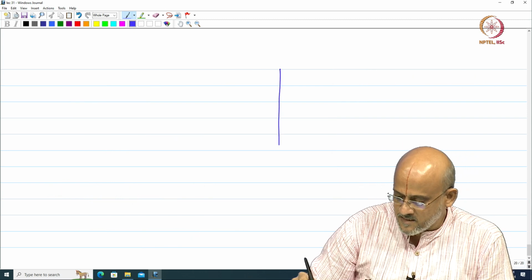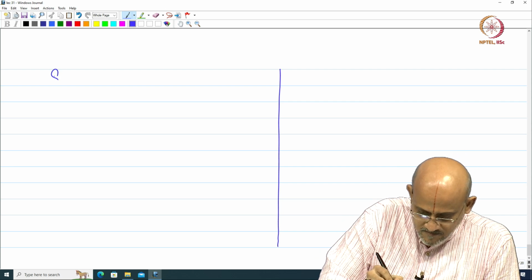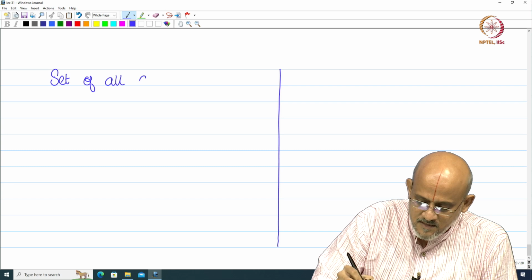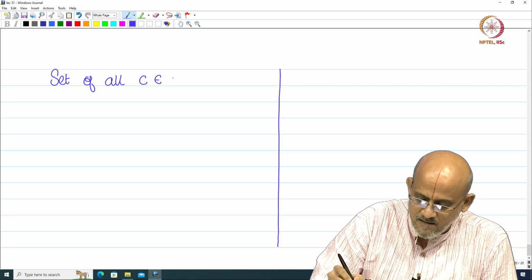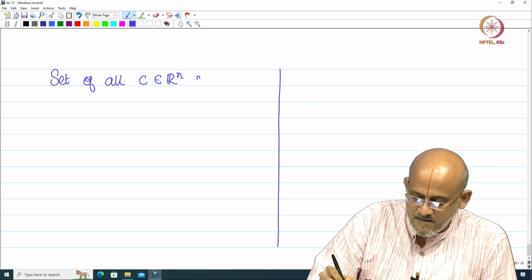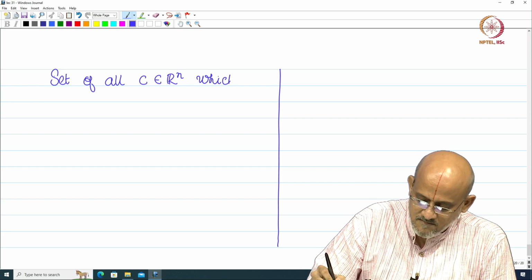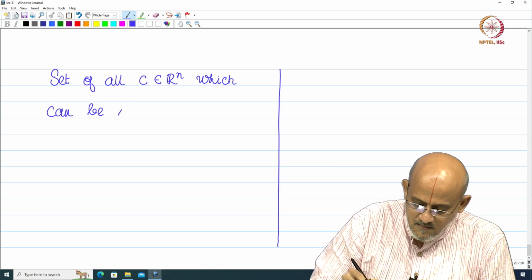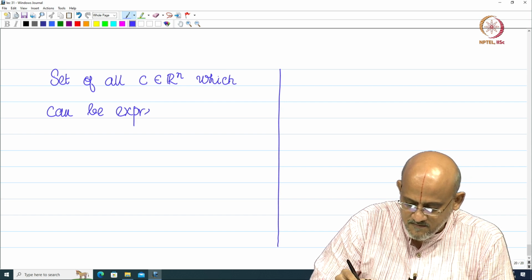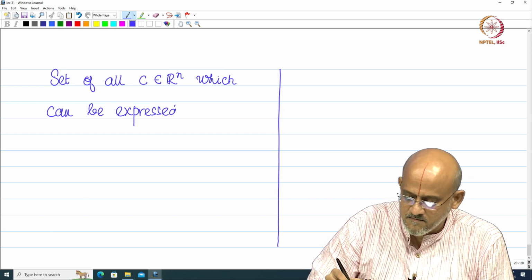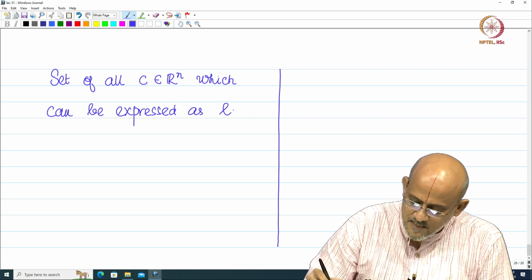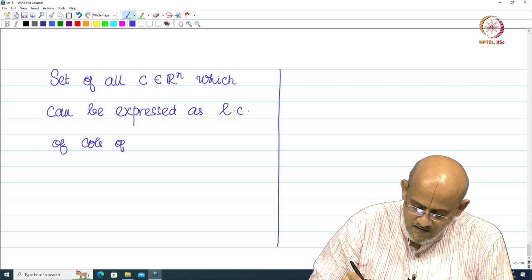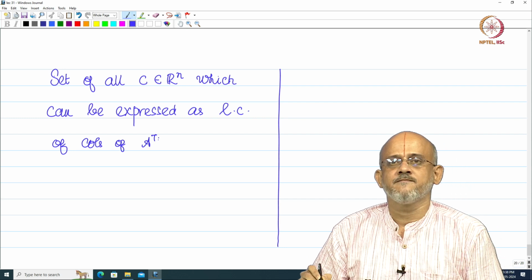We are going to look at the set of all C vectors which are elements of Rn, which can be expressed as linear combinations of columns of A transpose, right.